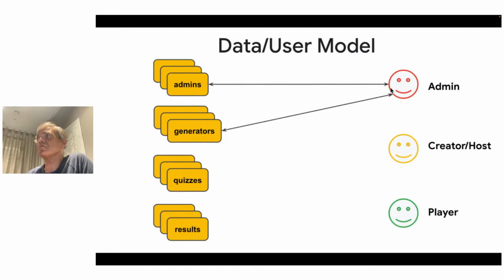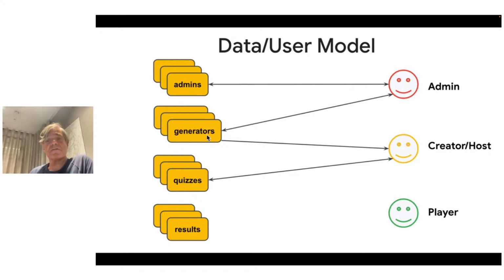And the way these two sets of things interact is the admins can manipulate the admin list and the generator list, so they can install new generators or delete a generator and so on. Creators and hosts can read the generators, not write them. So why would they need to read the generators? When a creator is creating a quiz, they need to know what's the menu of possible generators I can use.